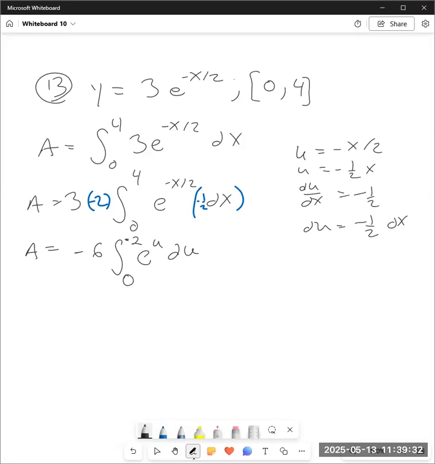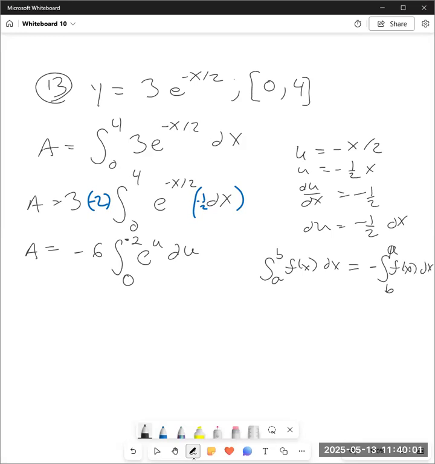So I'm going to show you a property here that says that if I have the integral from a to b of f of x dx, and I want to switch the limits of integration, I can do that by putting a negative out front.